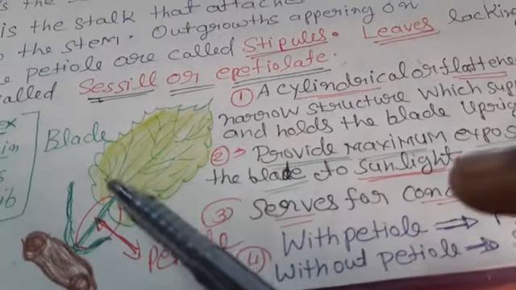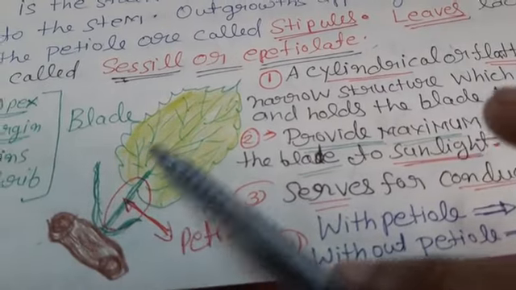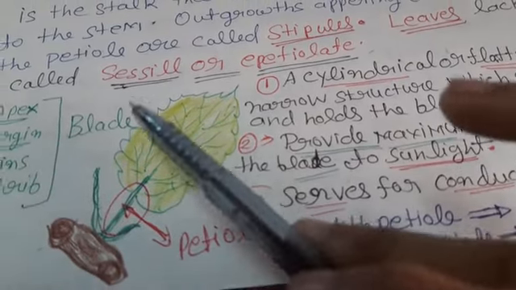This is a diagram of a leaf with a red circle. This is the petiole and this is the blade.